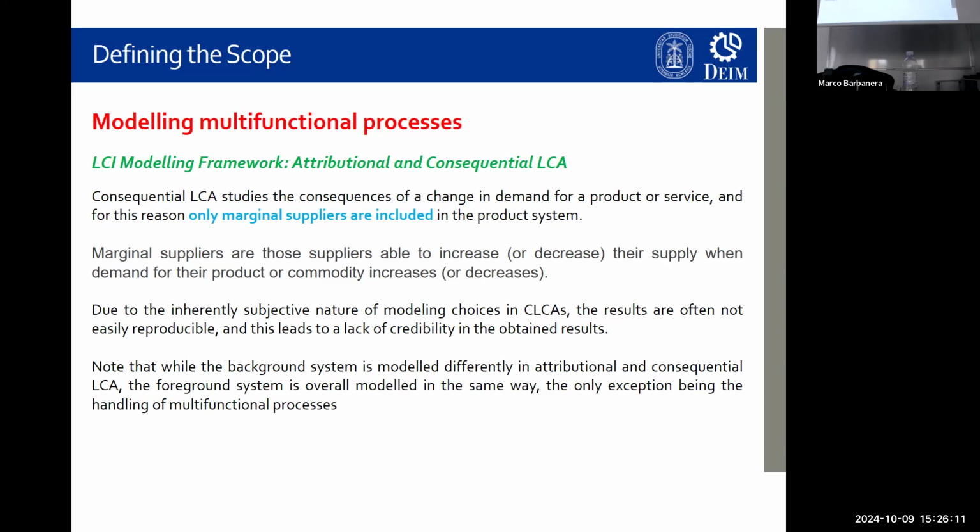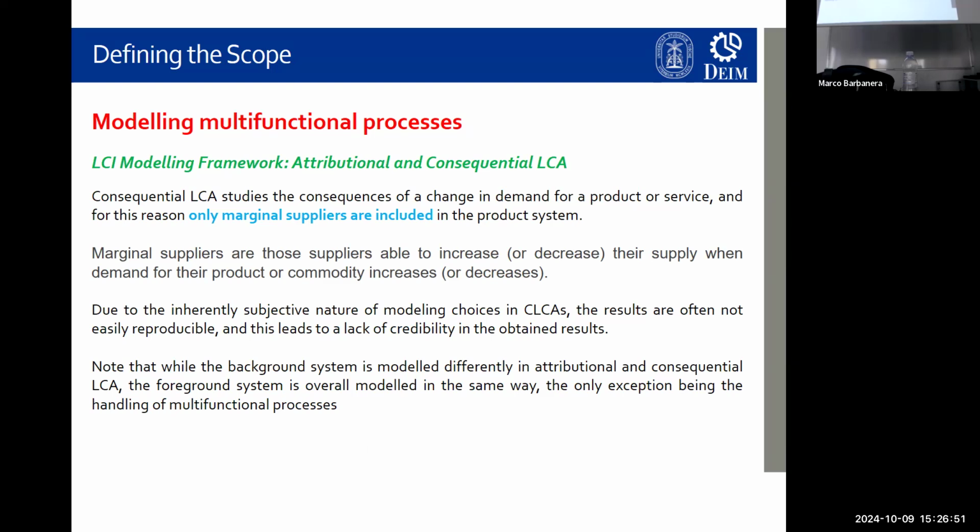So you have to consider as a marginal supplier only a supplier that uses an actual and not an old technology, because probably only a producer of aluminum with a recent technology can change the production rate of aluminum in his industrial plant.